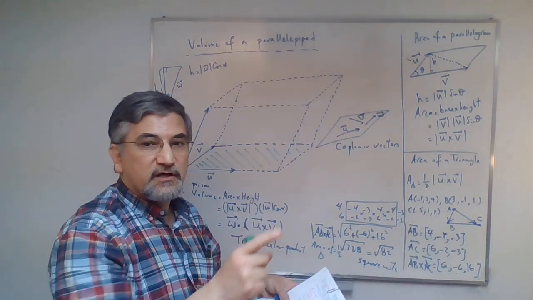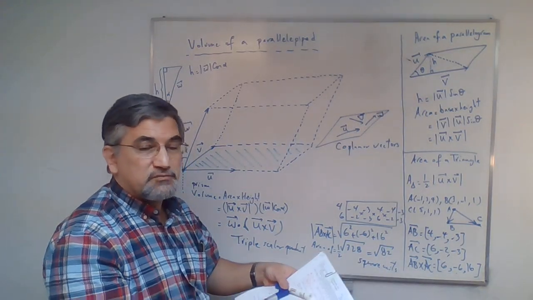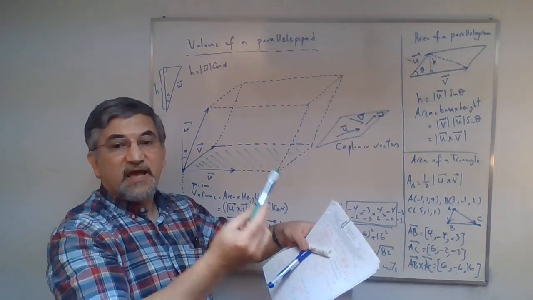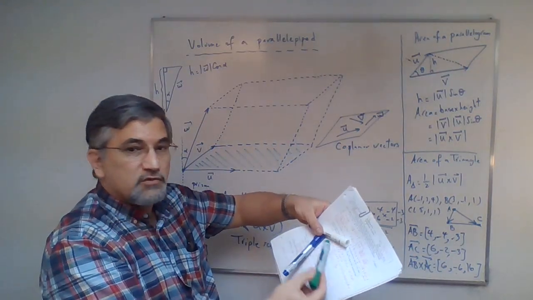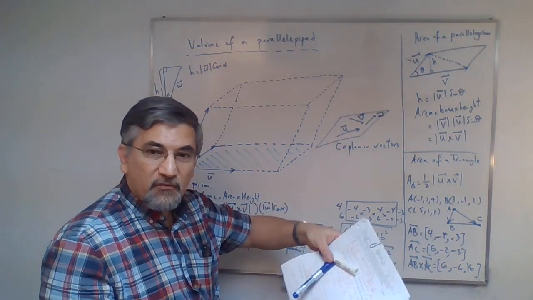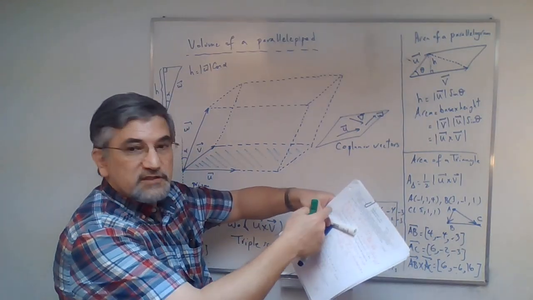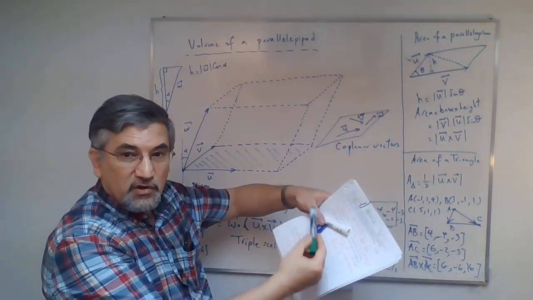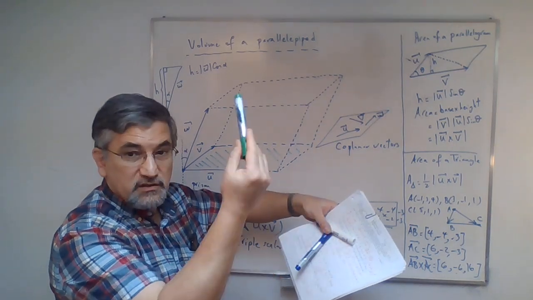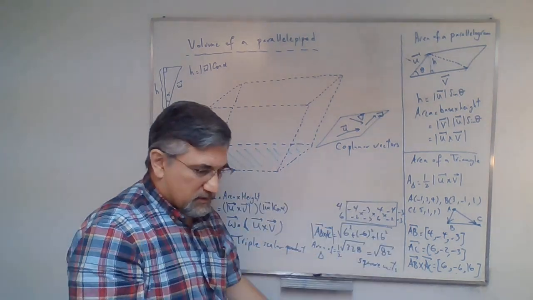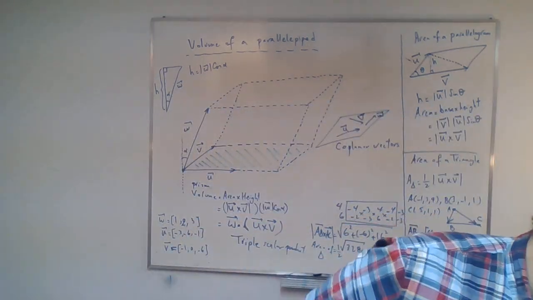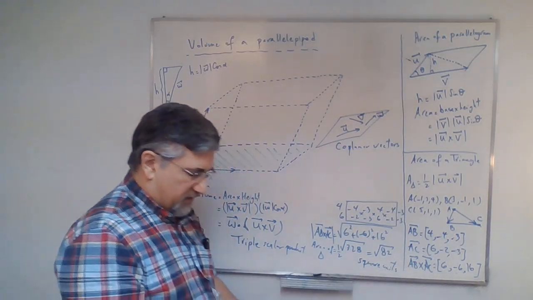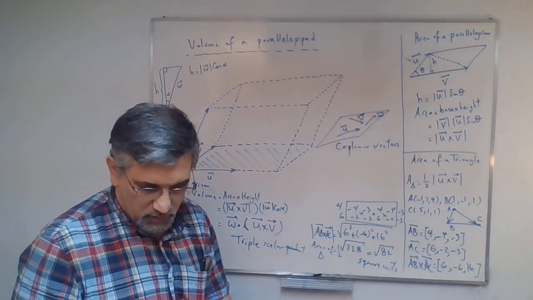It tells you that the two vectors are perpendicular, which means that this third vector must have been on the plane, otherwise the dot product of u cross v with vector w would not be 0. So this is one way to show if three given vectors are coplanar or not.